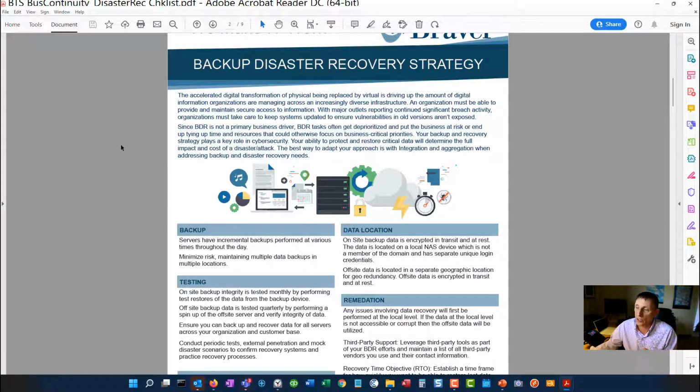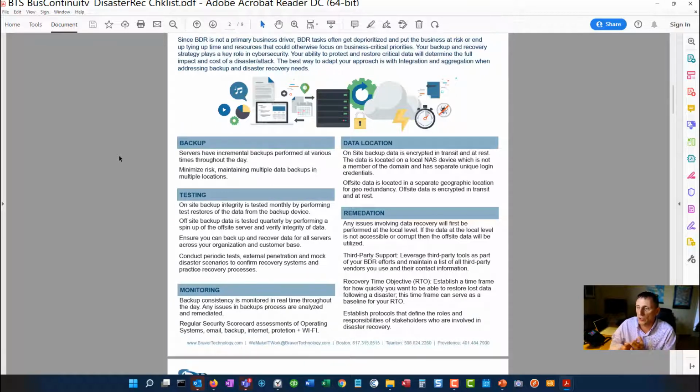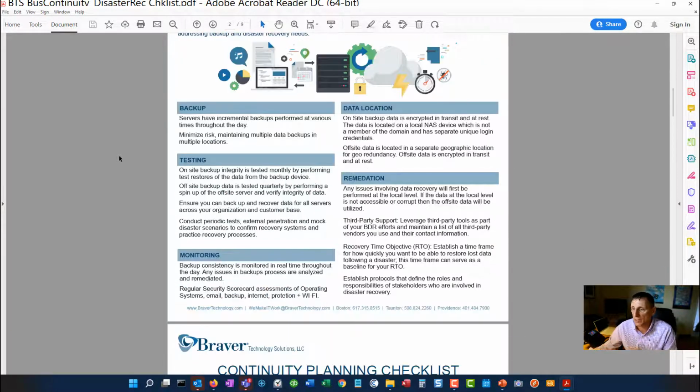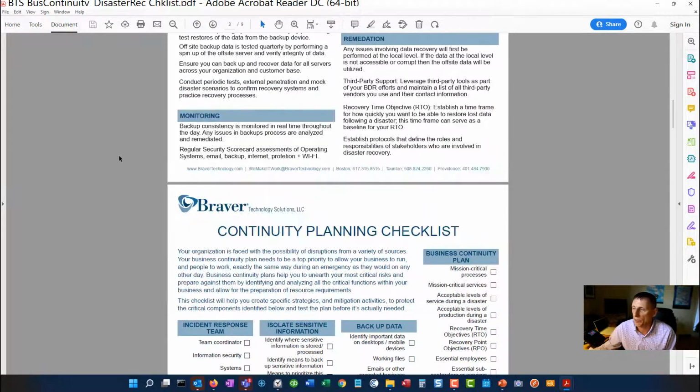This is a template that you can utilize to match the services that you have in place so that you can send this off to your insurance company. Again, this is standard best practices that 99% of our clientele have already. So unless you've decided to opt out of some of the policies that we offer, this one's going to do exactly what you want, and you're going to be able to give it to your provider.